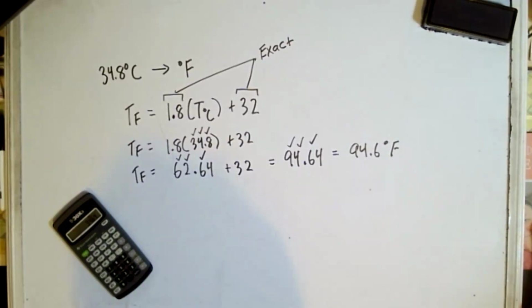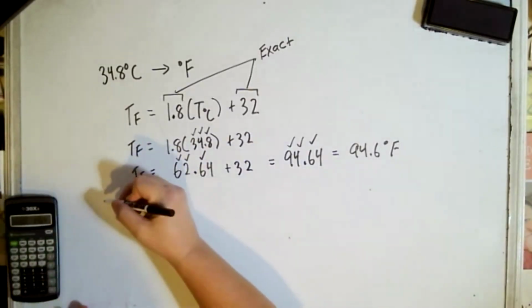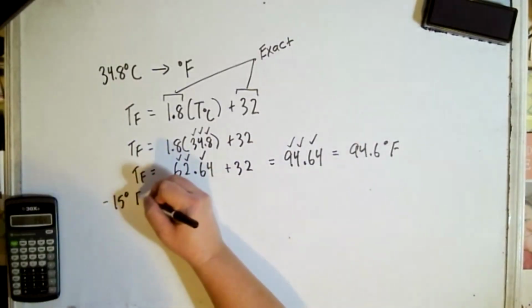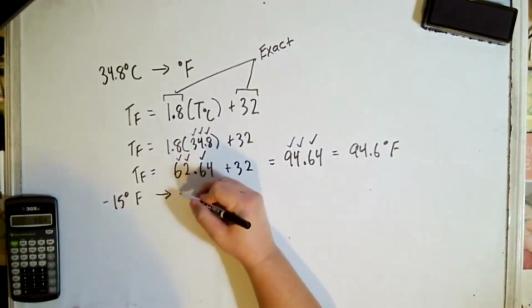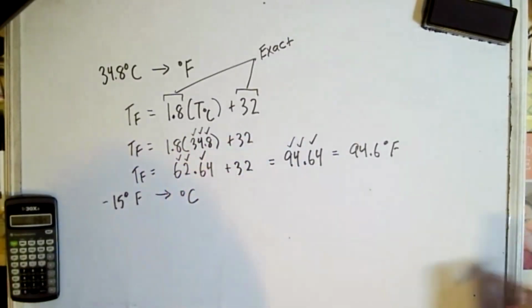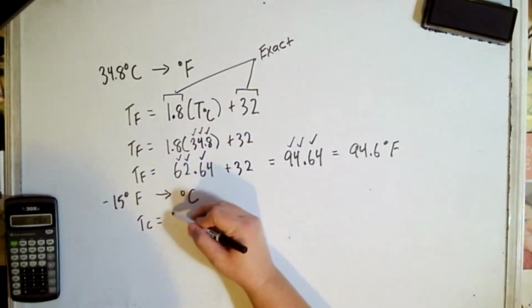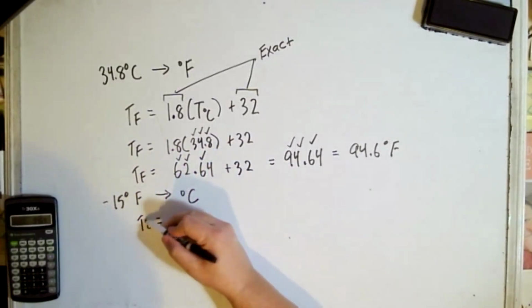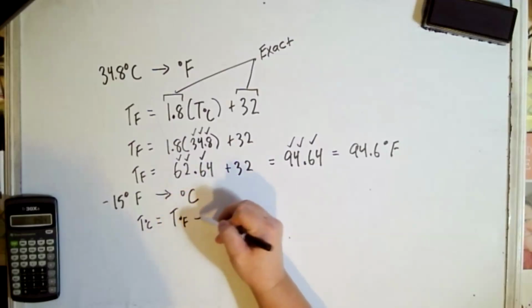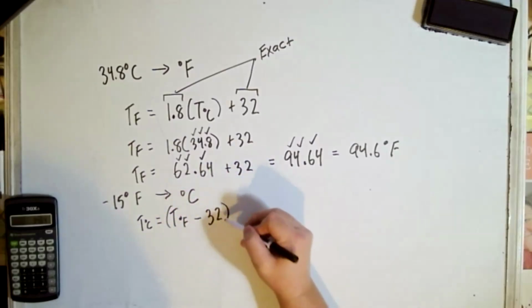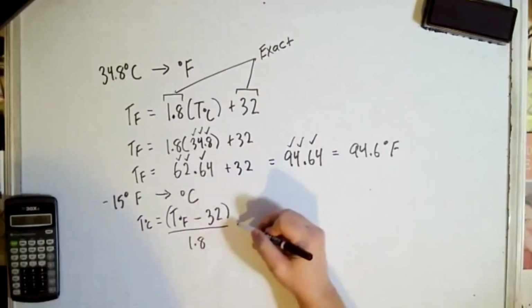The next question says, on a cold winter day, the temperature is negative 15 degrees Fahrenheit. What is that temperature in degrees Celsius? So this time we're going to take negative 15 degrees Fahrenheit and convert it into degrees Celsius. To find our Celsius temperature, we take our temperature in Fahrenheit, subtract 32, that's our first step, and then divide by 1.8.